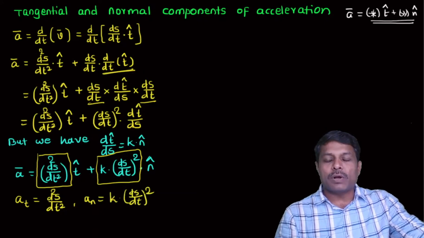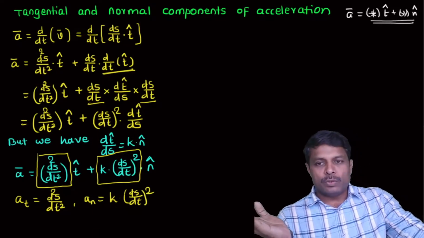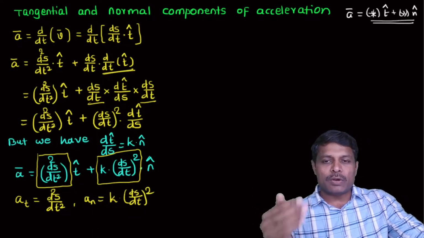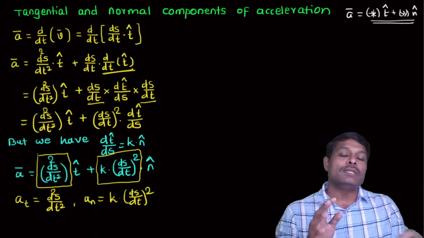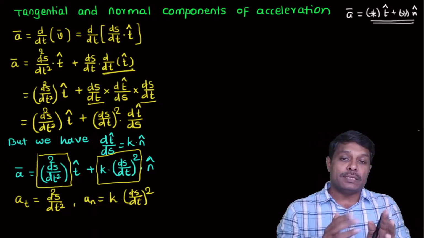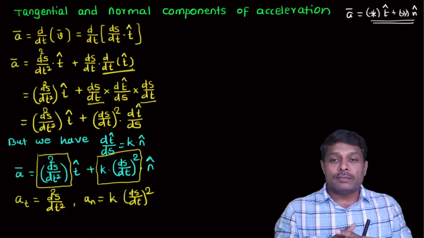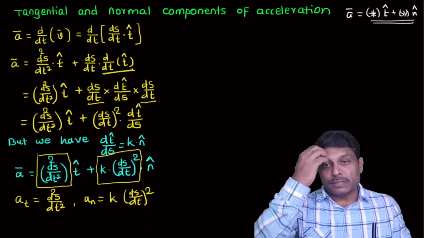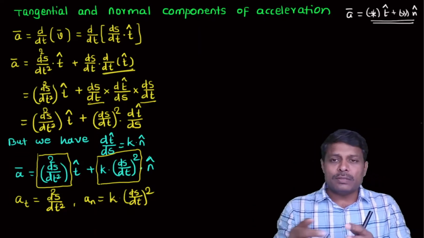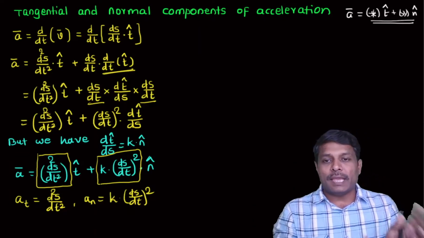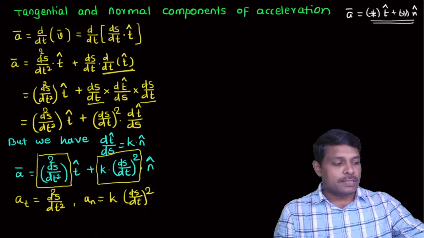This is the magic of the chain rule only. Don't bother about the solution and all the things, but remember all the identities: dr bar by dt is v bar, ds by dt is the component, and dt cap by ds is k n cap.